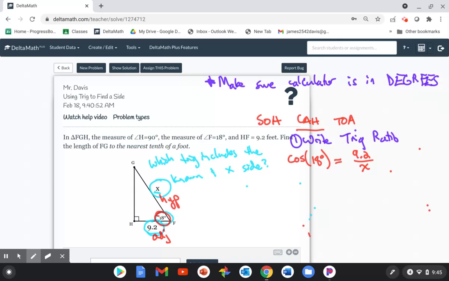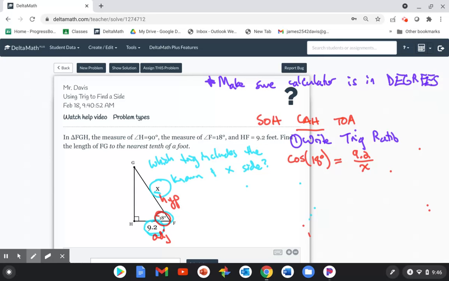I don't have my calculator with me because I'm at home, unfortunately. But make sure it is in degrees for this problem set, or else you will get the wrong answers. You can always Google how to do that if I'm incorrect. Go ahead and make sure that's done first. Write your trig ratio, and then we're going to be solving for x.